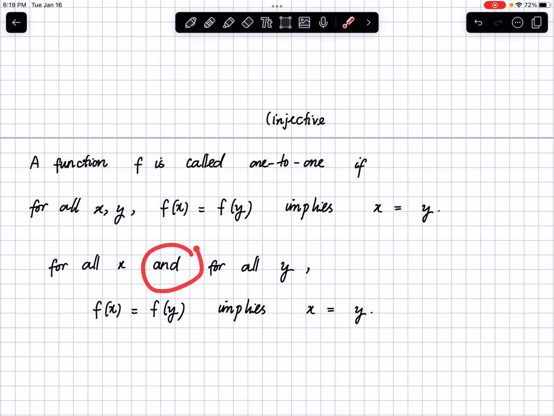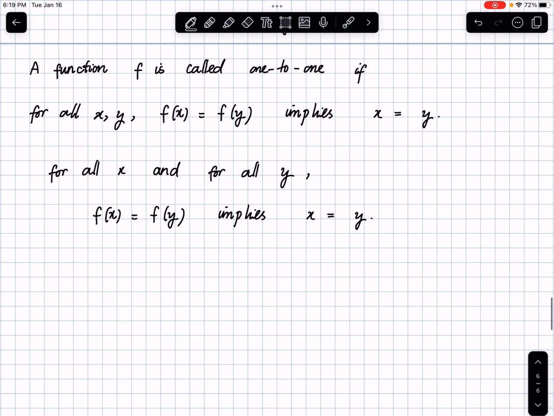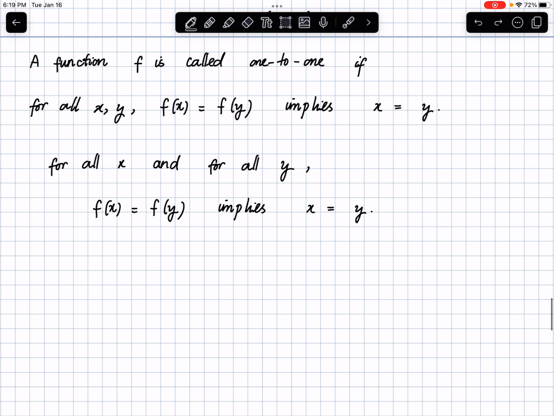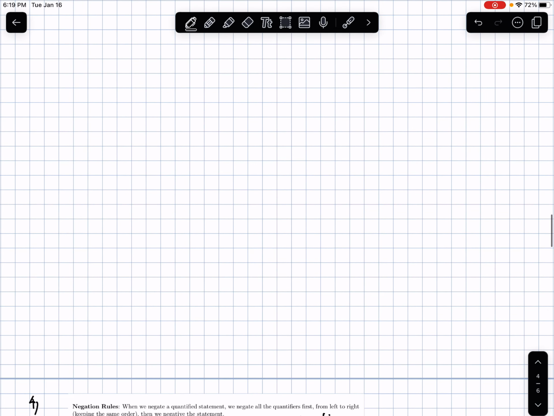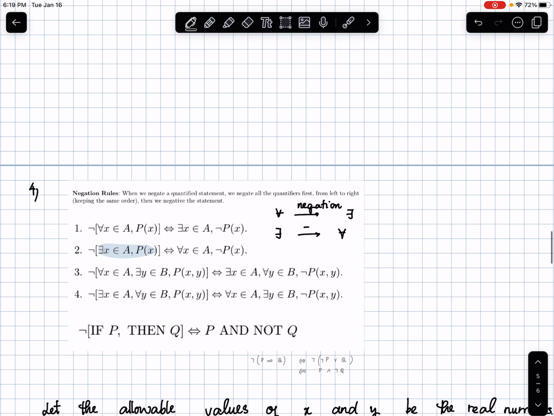Just a remark here, this "and" is not a logical operation. This is not the same as the other "and" we know, for example, the one over here.